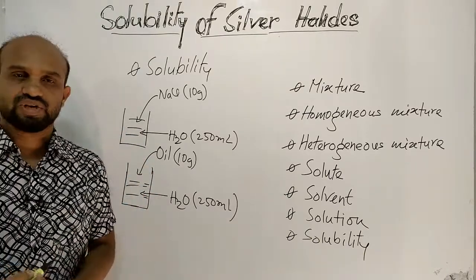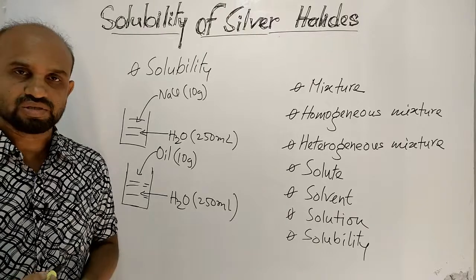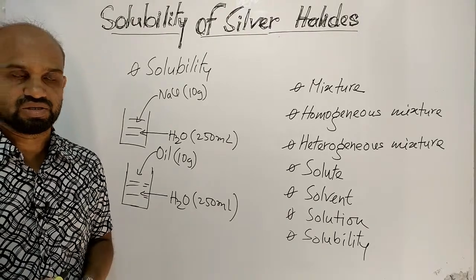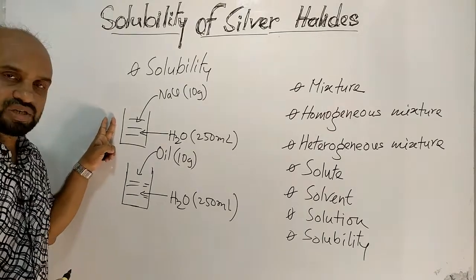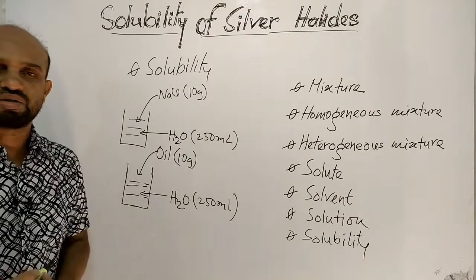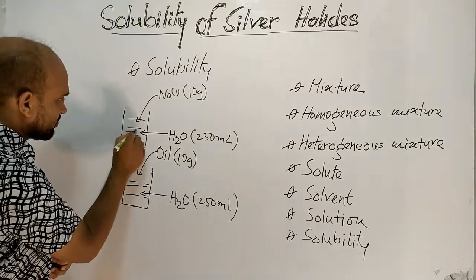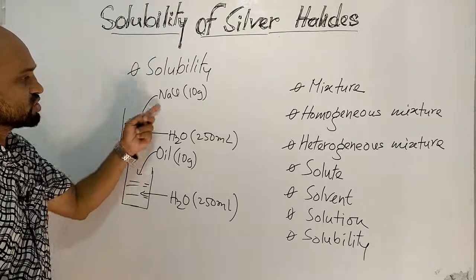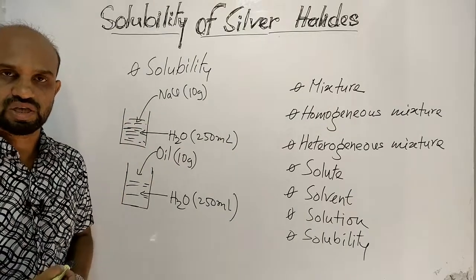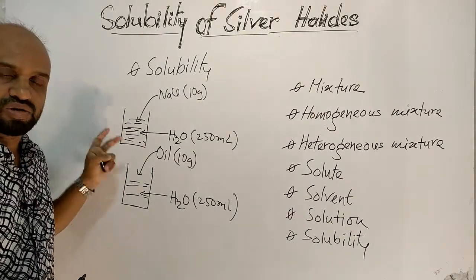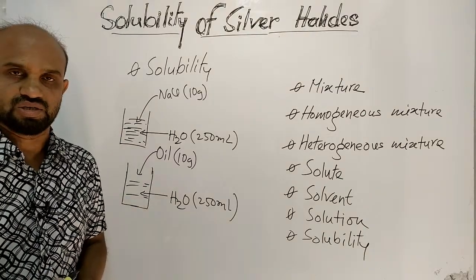This is the mixture where composition is uniform. In every place the ratio of the components is same. That means this mixture is called a homogeneous mixture.